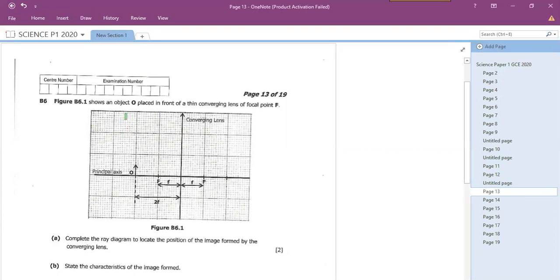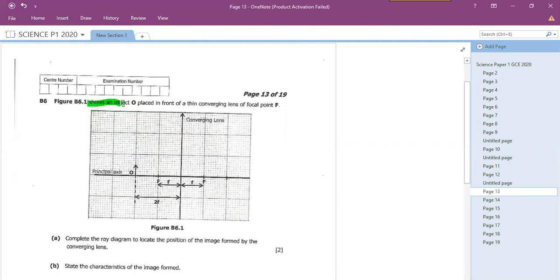Question B6 is a ray diagram, meaning you have to carry at least a ruler and a pencil in case you make a mistake. So the principle in the exam is that when you're drawing any form of diagram on a graph paper, you have to use at least a standard HB pencil.